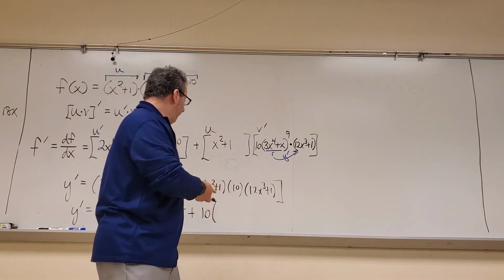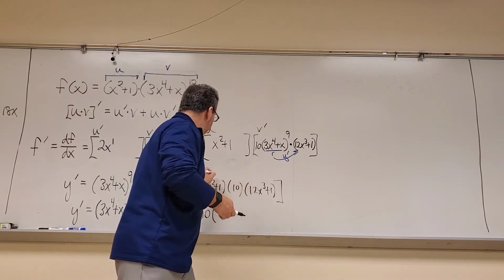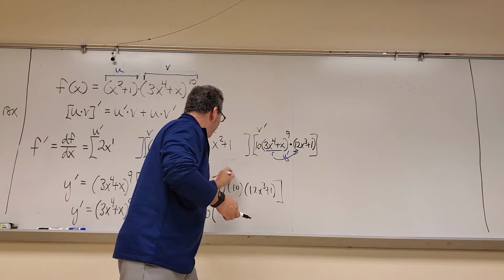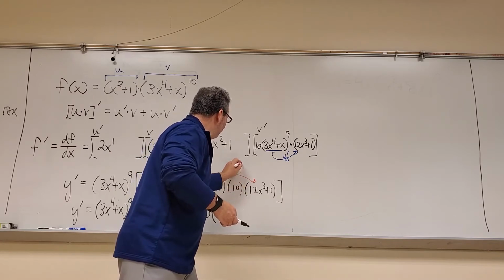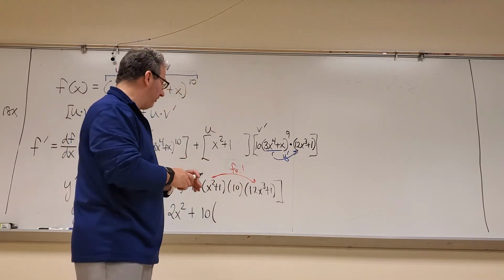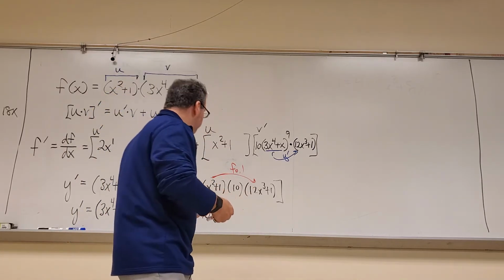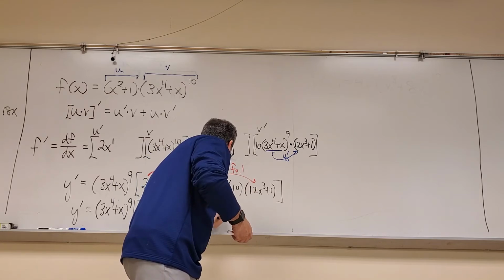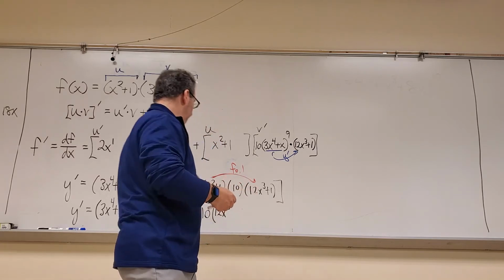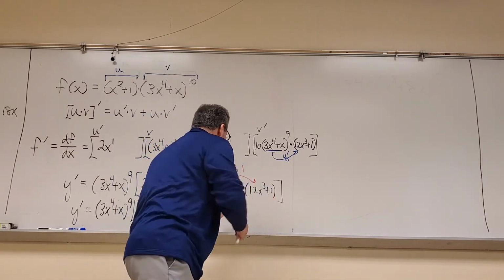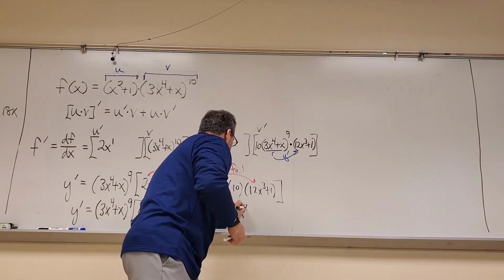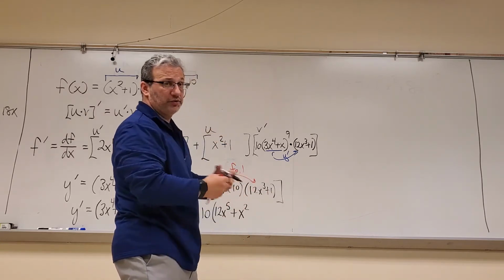I'm going to FOIL those two expressions together. What is FOILing? Let's remember. First terms get multiplied, so that would be 12x to the 5th. Outer terms get multiplied, that's x squared, because x squared times 1 is x squared.